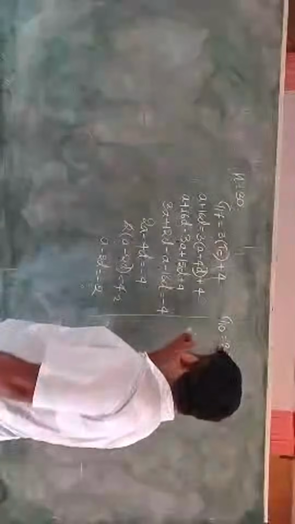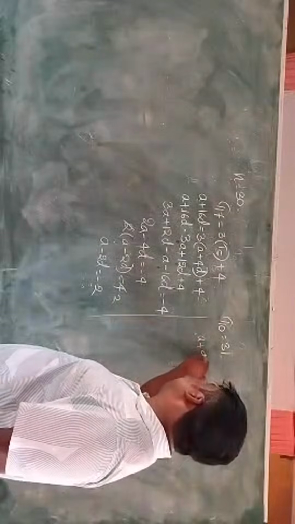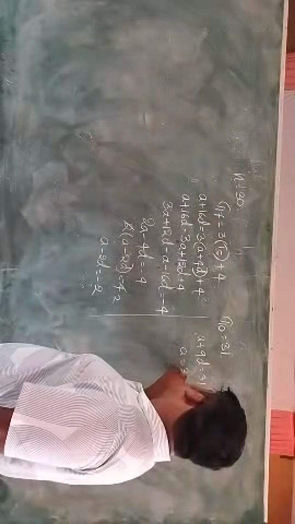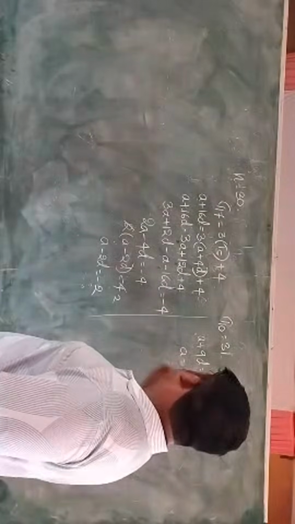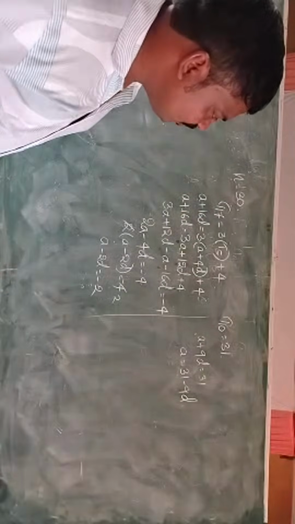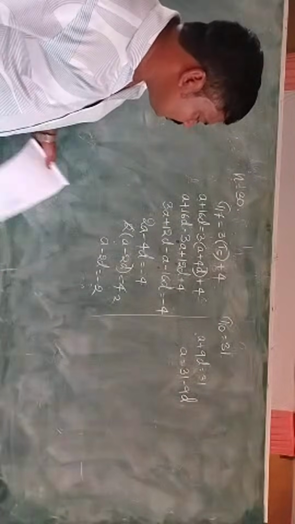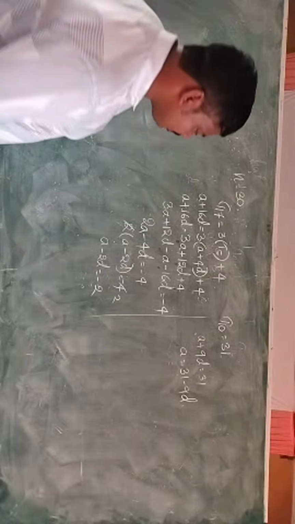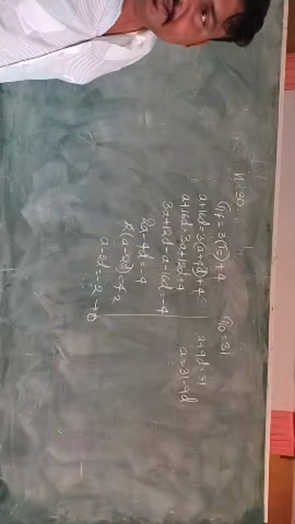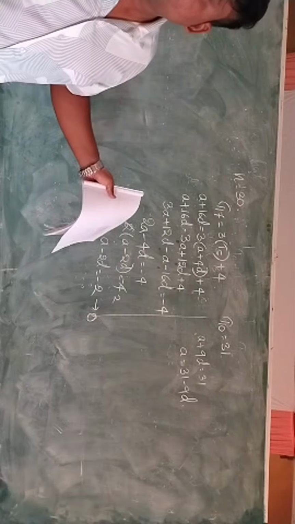Now we take T10 is equal to 31. T10 we can write as a plus 9d is equal to 31, and a is equal to 31 minus 9d. Substitute this a value in equation number 1. Any doubts?